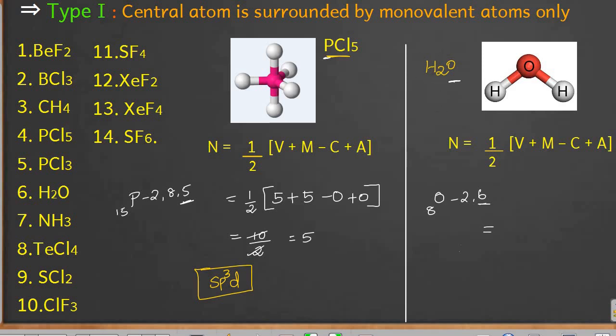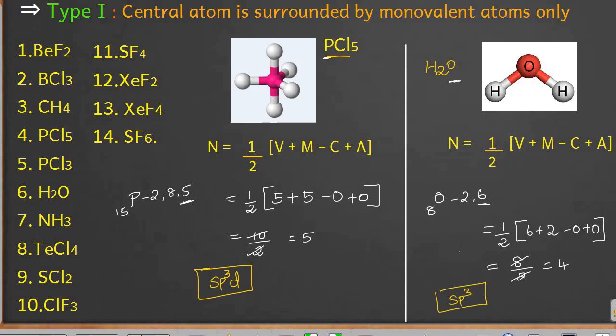So V is 6, the number of surrounding monovalent atoms is 2, and there is no cation or anion, so write 0 and 0. That is 8 divided by 2, which gives 4. So 4 means sp3 hybridization.